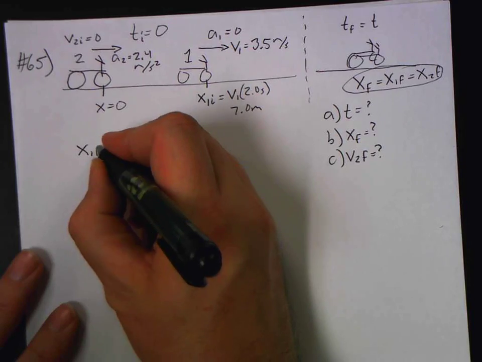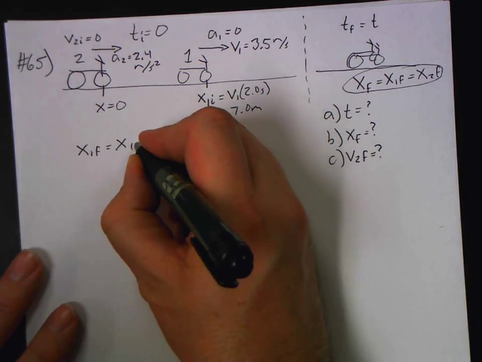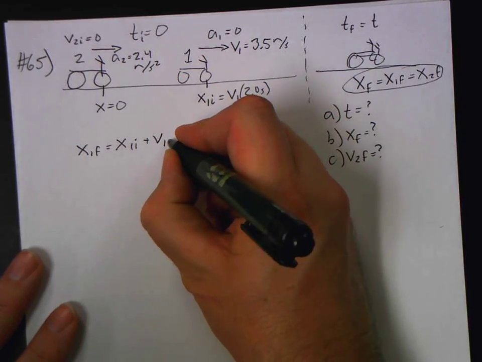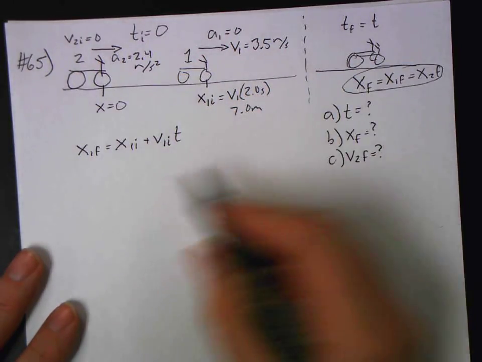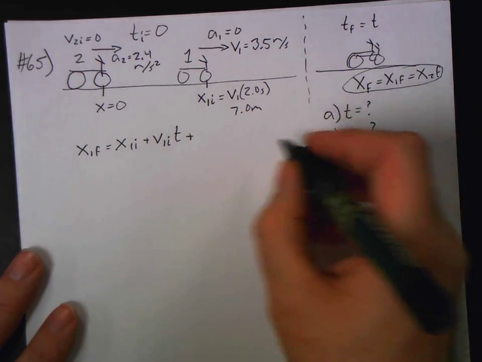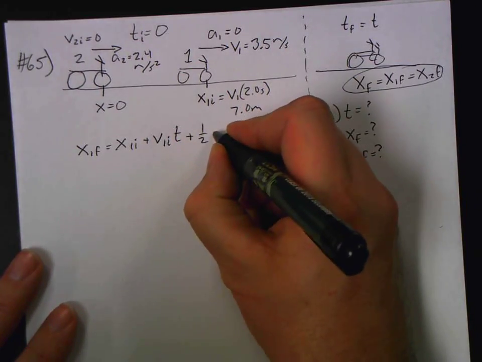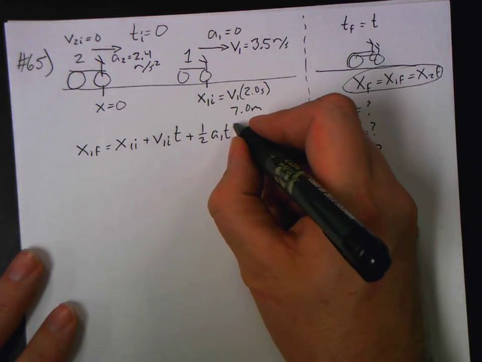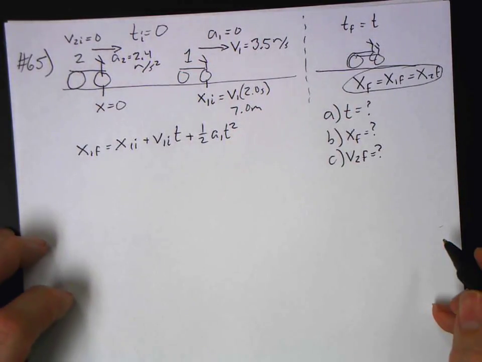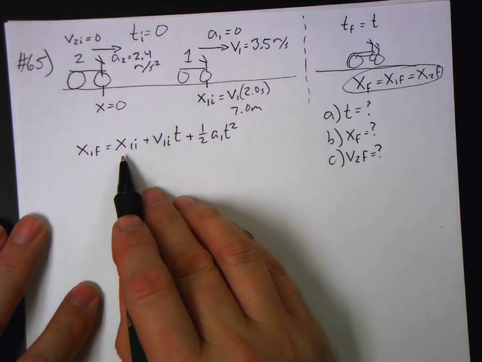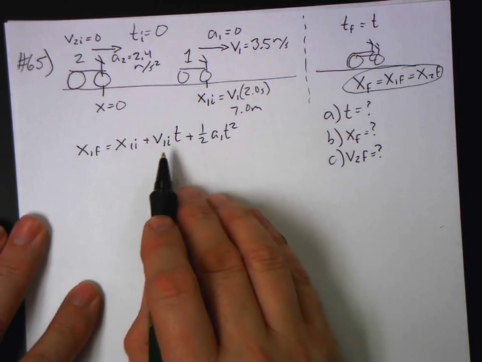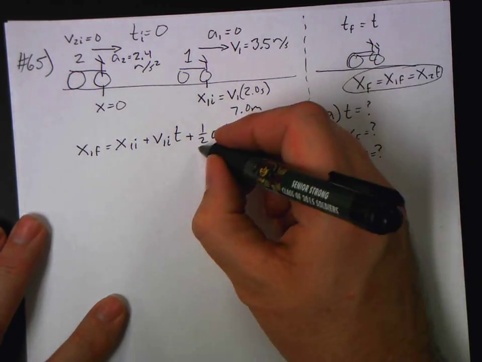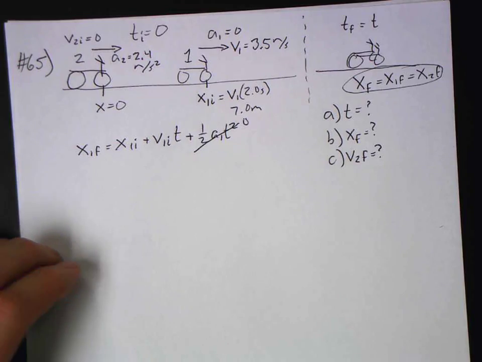Bicycle 1's final position is equal to bicycle 1's initial position plus bicycle 1's initial velocity multiplied by the time through which he rides, plus any acceleration that he experiences, which we know is 0, multiplied by the time squared. Now we can start crossing off some things. That is not 0, we need to keep it. That is not 0, we need to keep it. This is 0 because he is not accelerating, so that part goes away.